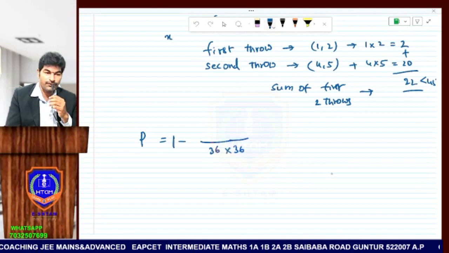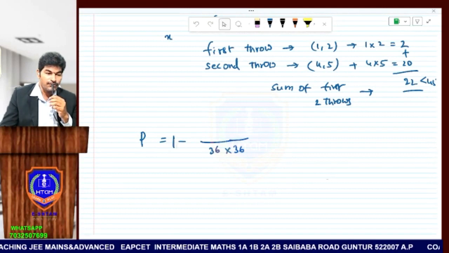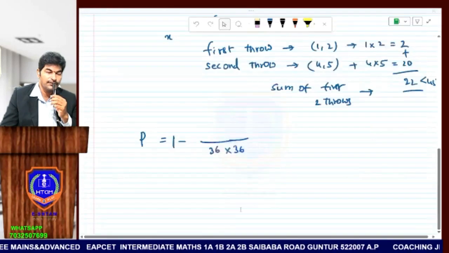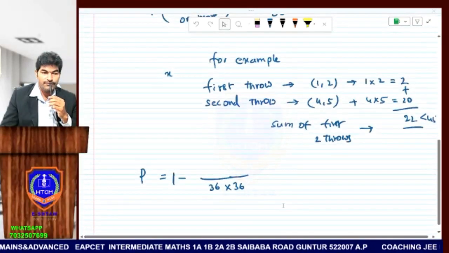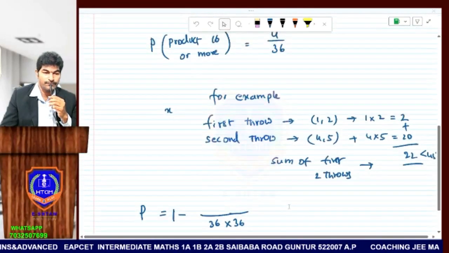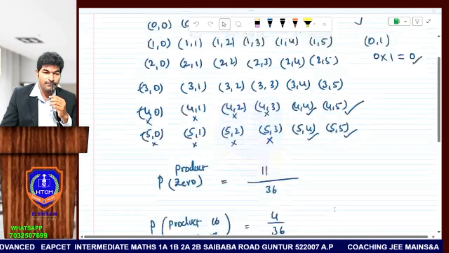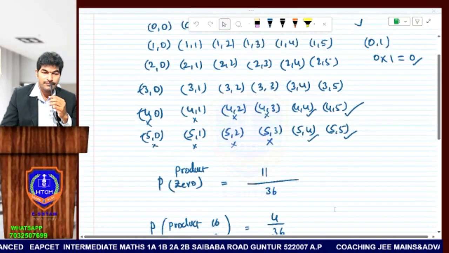According to the question itself, less than 45 is asked for the first 2 throws. Less than 45. We will calculate 45 or more. Tell me the possibilities, first throw and second throw.